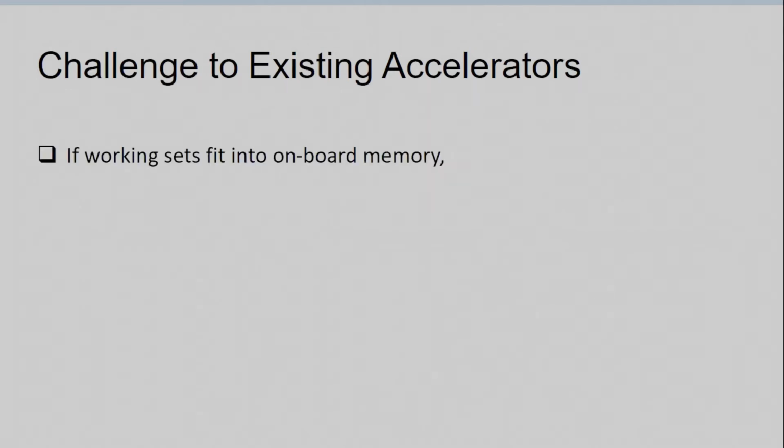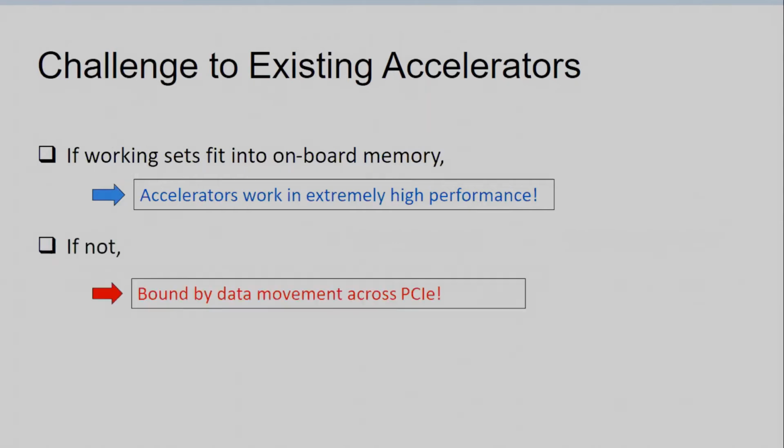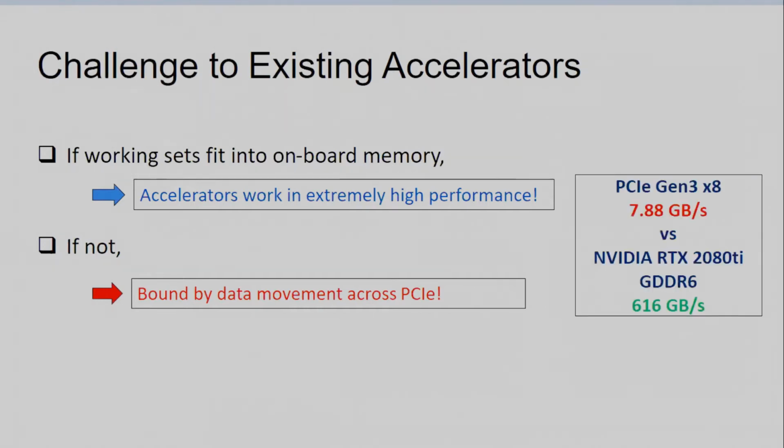If the working set can fit into onboard memory, the accelerators can work at extremely high performance. But if not, the performance will be bound by data movement across PCIe. Here we show a typical bandwidth comparison between PCIe and GPU. A PCIe Gen 3 x8 can provide almost 8 gigabytes per second of bandwidth.